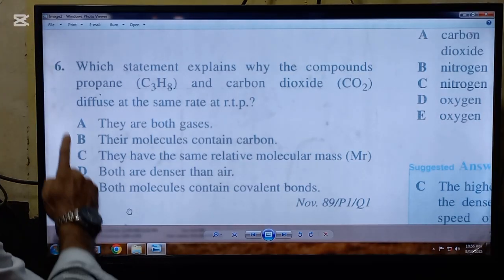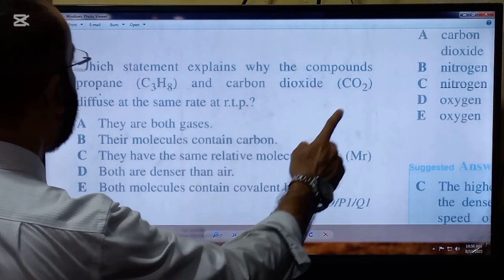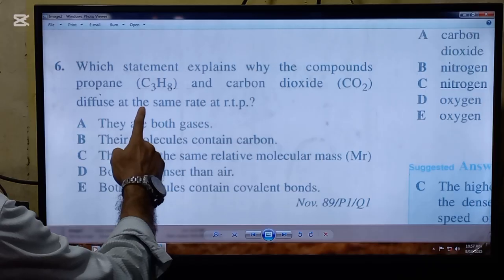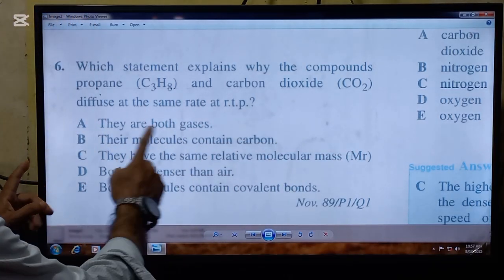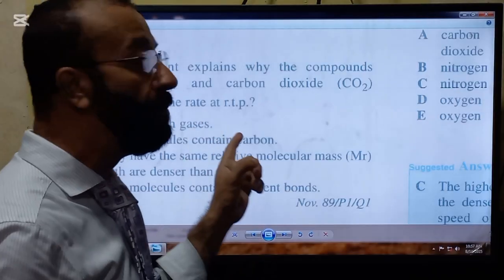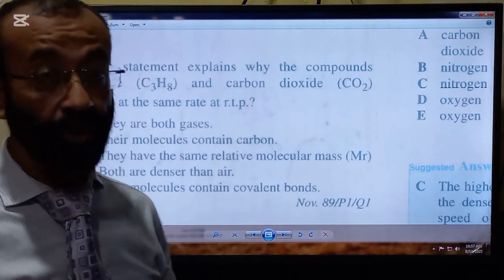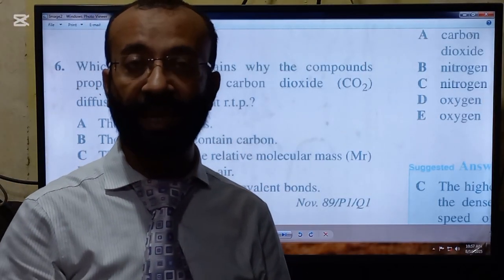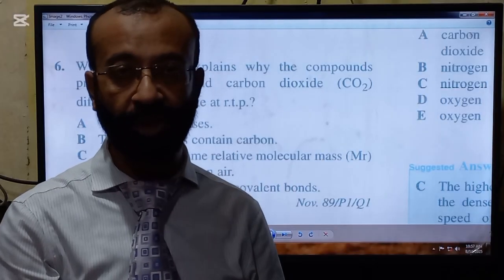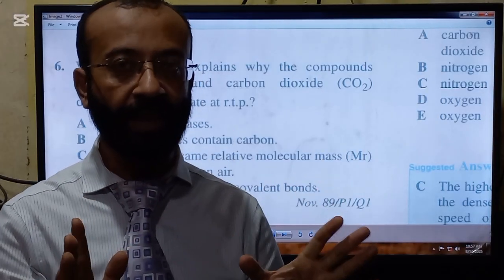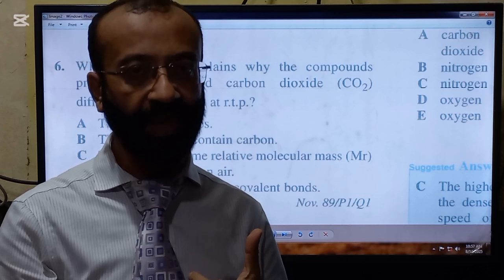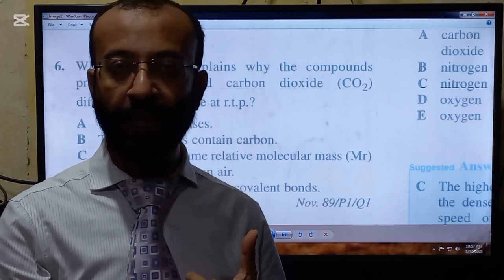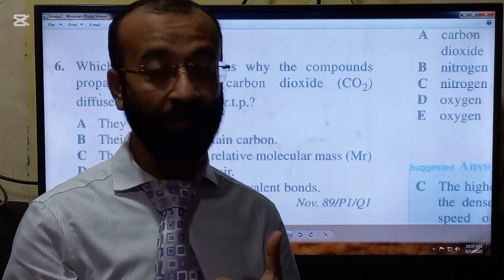This statement is, which statement explains why the compounds propane, that is C3H8, and carbon dioxide, that is CO2, diffuse at the same rate at room temperature and pressure? So remember one thing, that is the key point for this kind of question: for diffusing at the same rate, the gases should have the same density and their relative molecular mass should be equal.